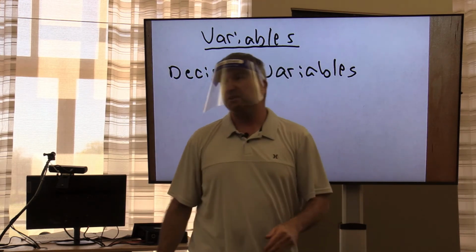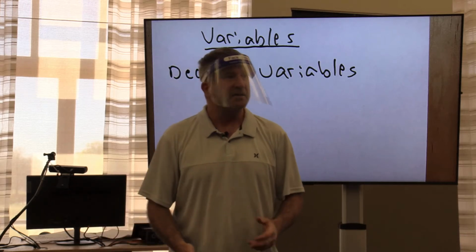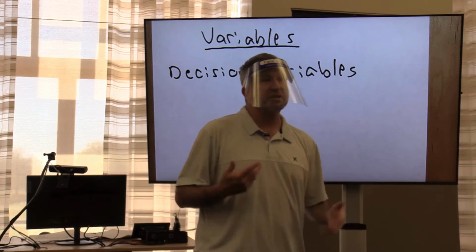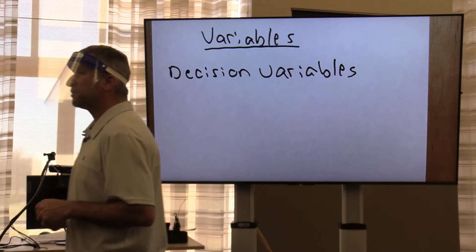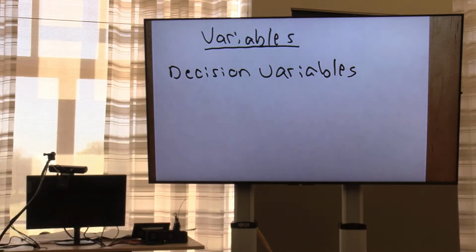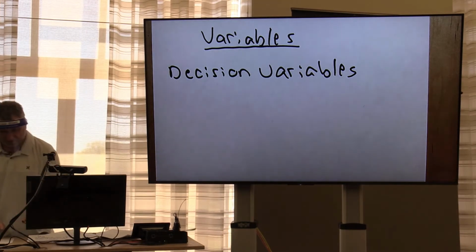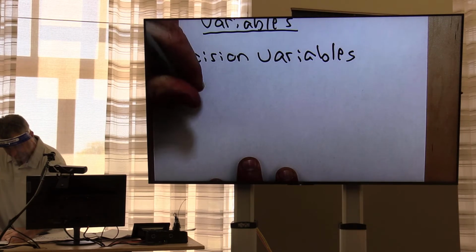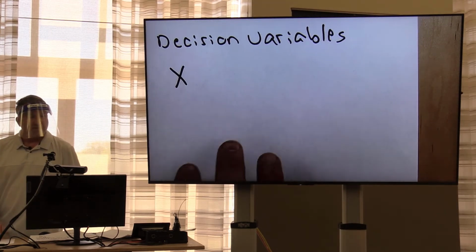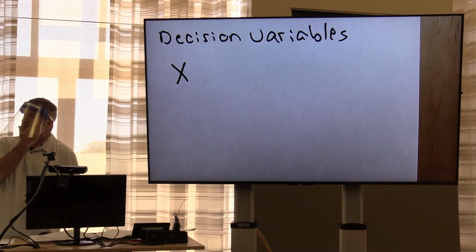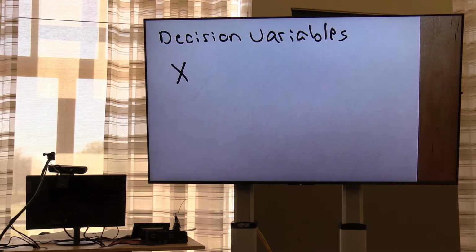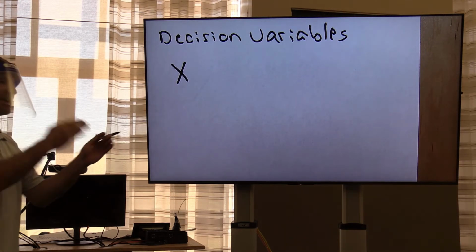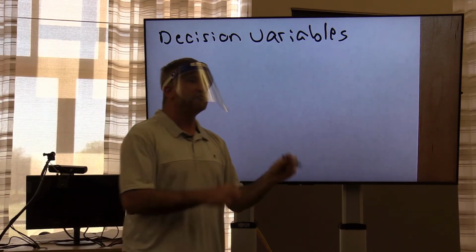Right? And so we need some kind of variable for that, and usually the default variable for decision variables is going to be X. So we have X. And remember before, with optimizing MPS, our decision variable was XI, how much to produce each month.